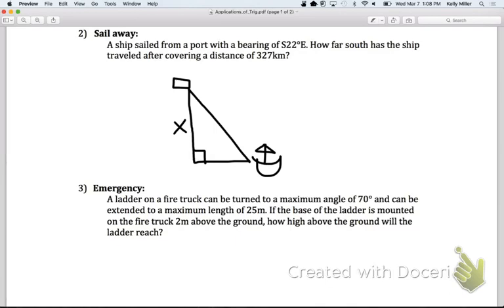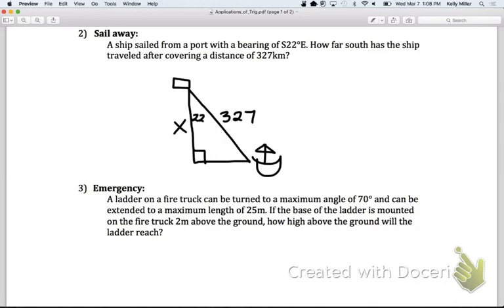Where's that 327 going to be if that's the distance that the ship itself traveled? It'll be the hypotenuse, right? The angle line. So 327. What's my degree? 22. Where am I going to put it? Up on the top.